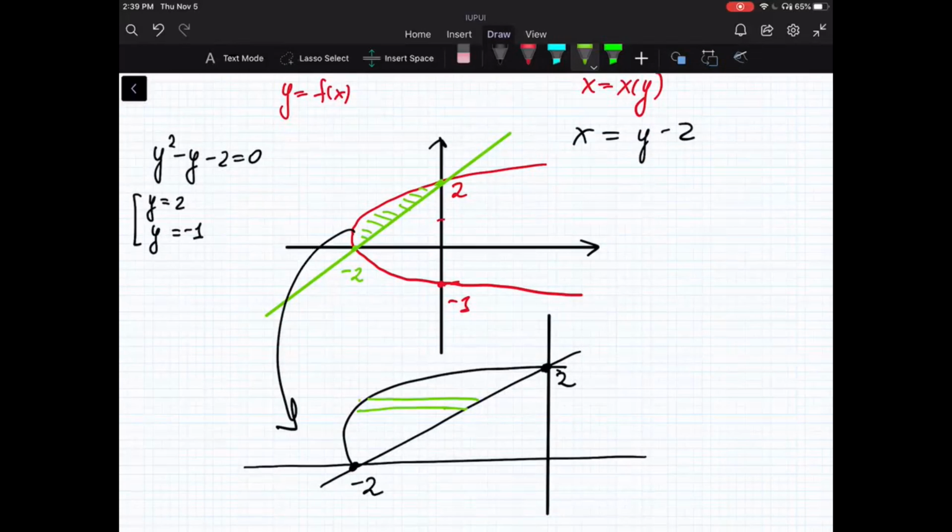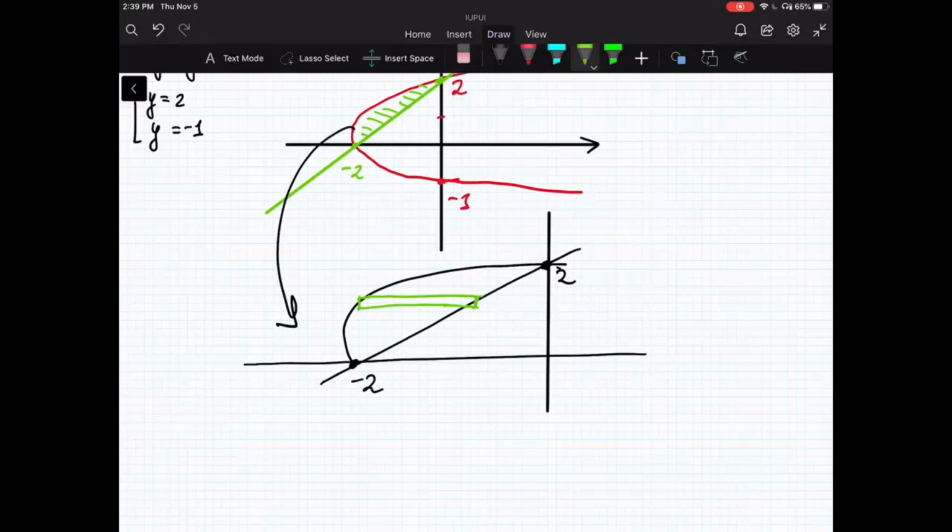And so here's my typical rectangle, like this, and the base is just dy, while the length, so this is my x equals y squared minus y minus 2, while this line is x equals y minus 2.